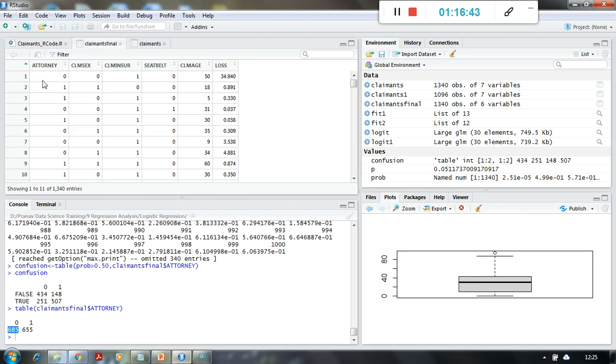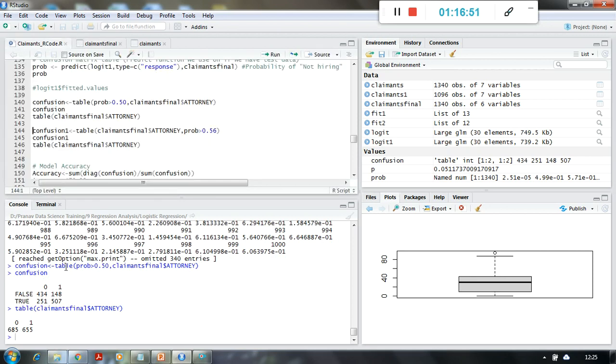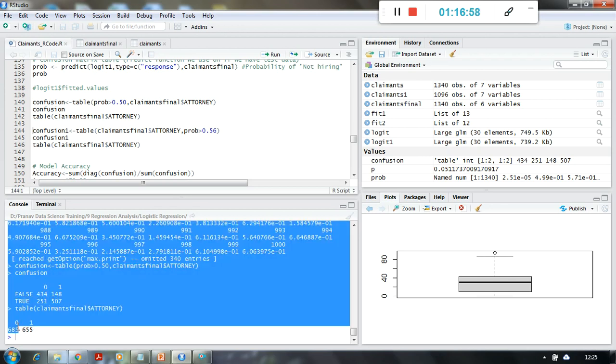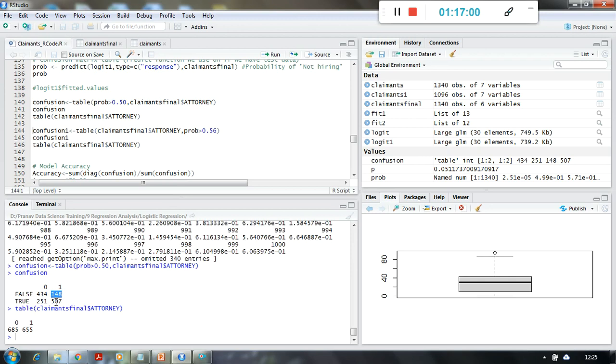The attorney column has 685 zeros and 655 ones, right? So if you total 434 plus 251, you get 685. If you total 148 plus 507, you get 655, right?